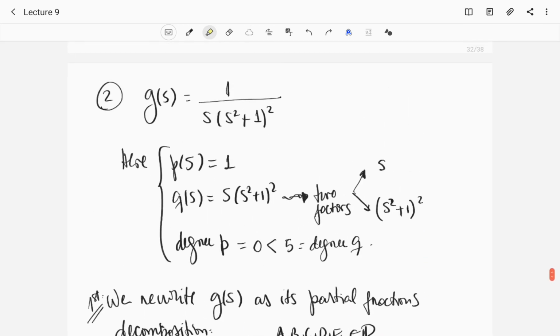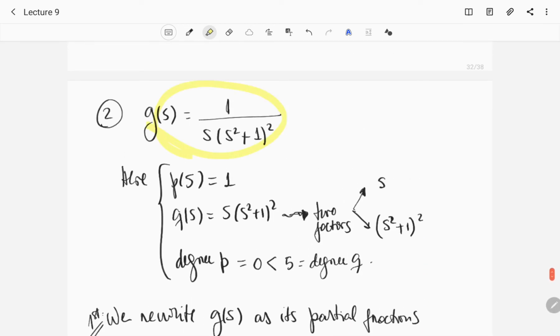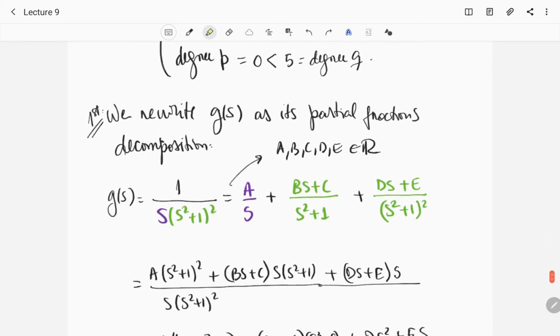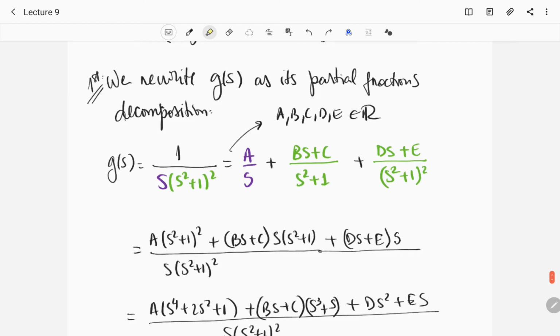So we will compute the inverse Laplace transform of this function. The first step is rewriting this function g as its partial fraction decomposition. I think this s is not okay, we can correct that in the notes. So what do we mean by its partial fraction decomposition? The factor s will give us the term A over s, with A just a number.